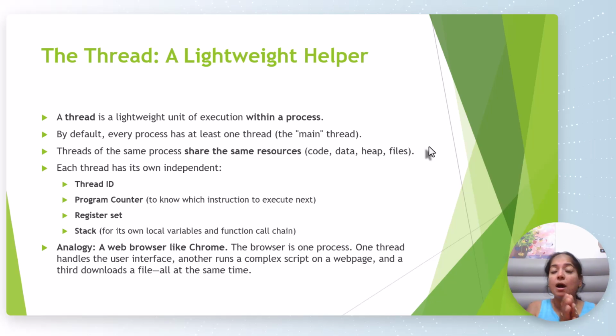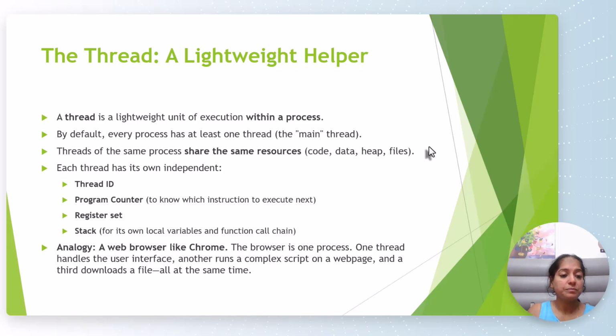Now, a process can have multiple threads, and each thread will share the same resources as the process. But each thread has some of its own independent units also, like its own ID, its program counter, register set, stacks. These are different.